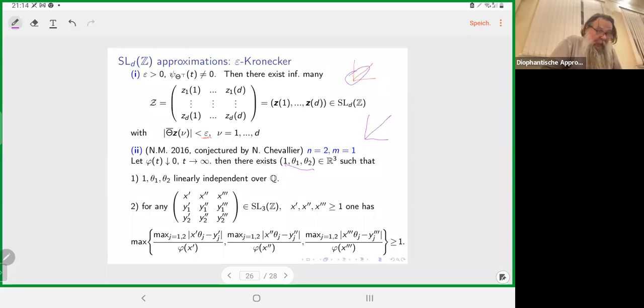So for any order of approximation, you can construct such a vector which does not admit any SL3Z approximation.